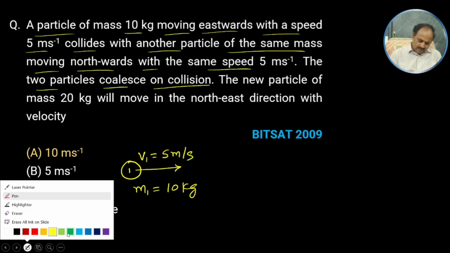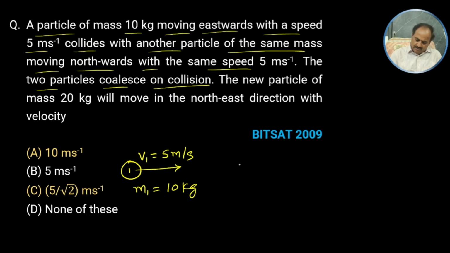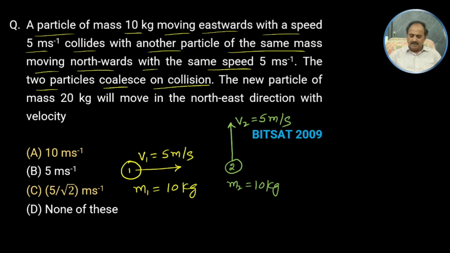There is a second particle also, maintaining the same mass m2 equal to 10 kg, but it is moving towards the north with a velocity v2 equal to v1, that is equal to 5 meter per second. So the first one and second one both are colliding, joining together.